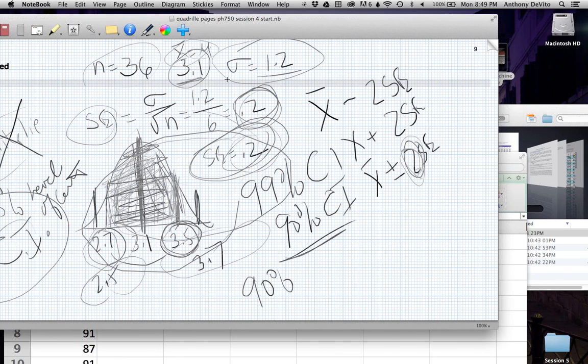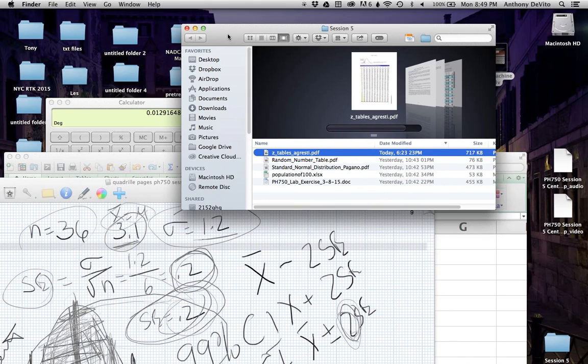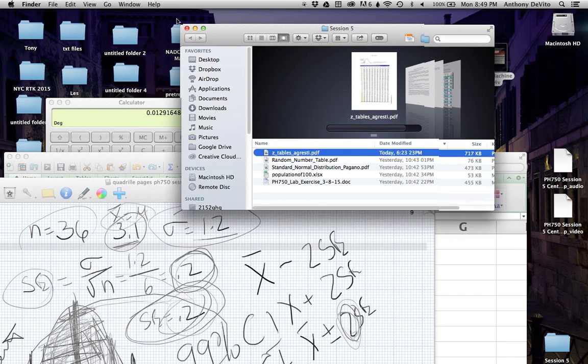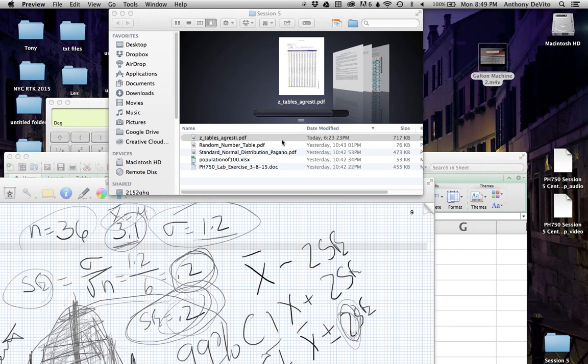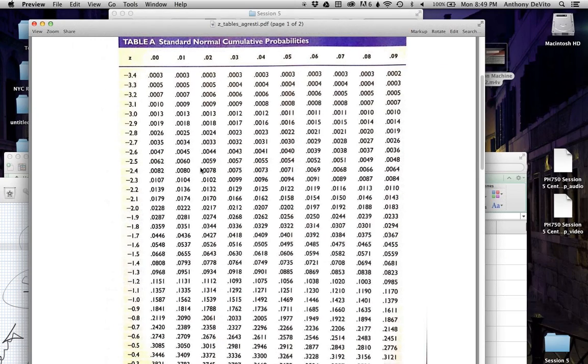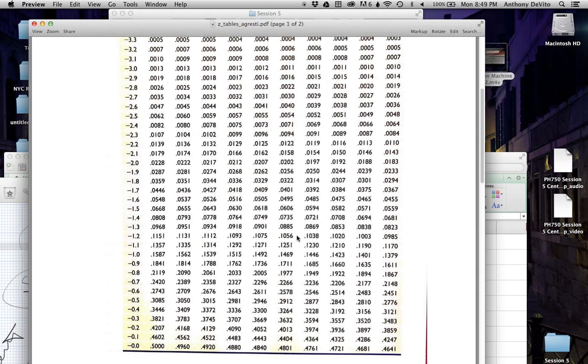Let me pull up the z-table. For 95%, I'm looking for an area to the left that's 2.5%, with 2.5% at the bottom and 2.5% at the top.